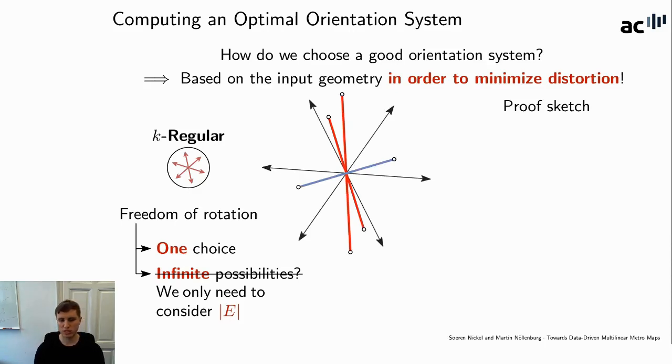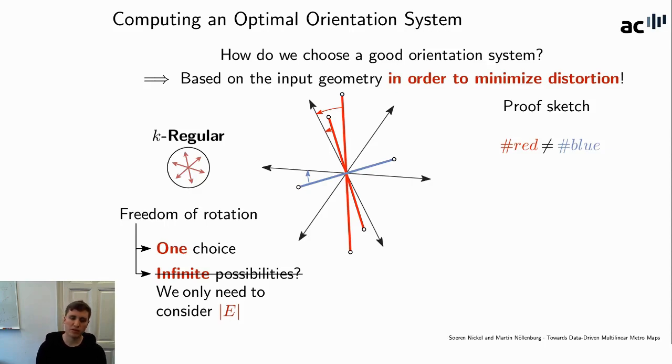So assume this is the orientation system, which claims to be optimal, and it does not coincide with any of the edges that are in the input. Assume these three edges are the only edges that are present in the input. But then we can identify all the edges which are to the right of the orientation that has the smallest angle between them, and all the edges that are to the left of it.